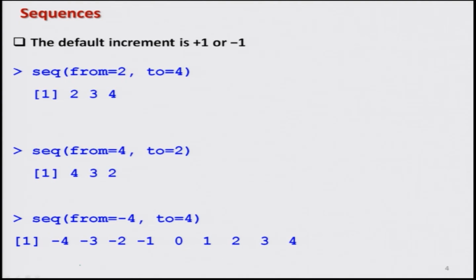Here I want to generate a sequence from 2 to 4, and I want all the numbers arranged in an increment of 1. So, the sequence will look like 2, 3, 4, and you can see the difference 3 minus 2 is 1, and the difference 4 minus 3 is 1.